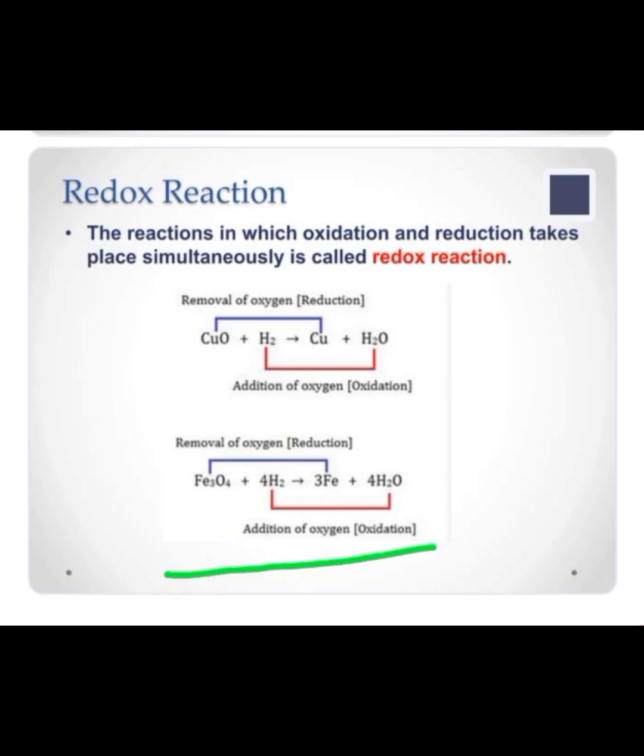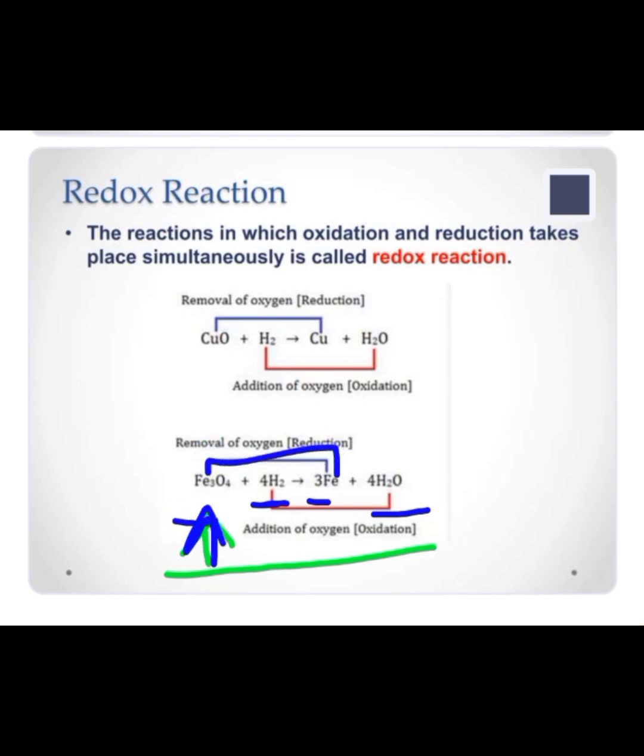Let us discuss another example. Fe3O4, this is the oxide of iron, combines with hydrogen gas. Products are iron and water. Here this Fe3O4 changes into iron.